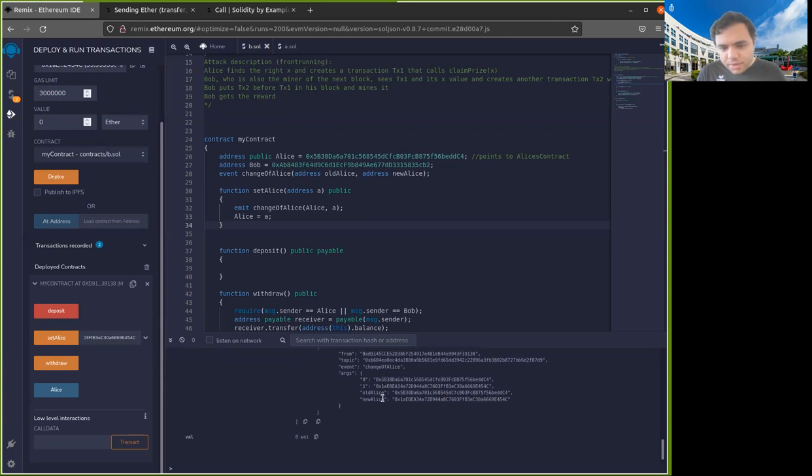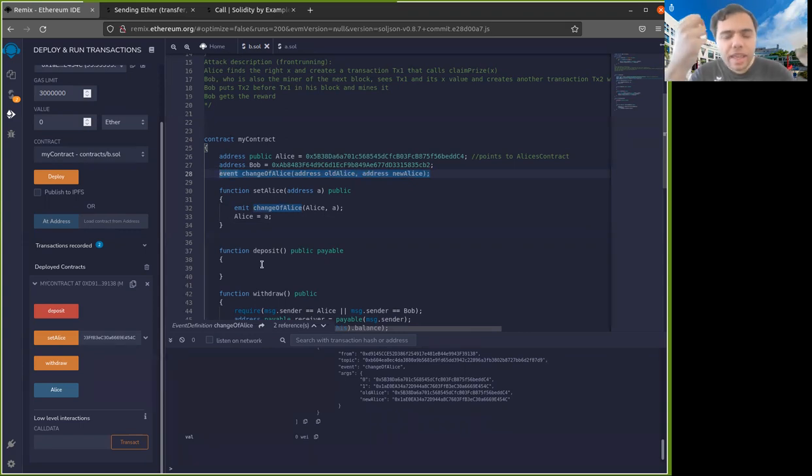Okay, so this is a really nice way of writing logs and being able to debug and see what's happening with your contract. But you can also have this in your contract when you actually put it on the blockchain. And what would happen in that case is that since everyone on the blockchain has consensus about every piece of code that is being executed, everyone will also have consensus about the events.